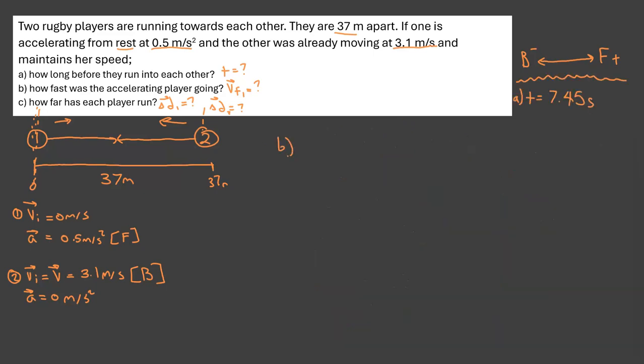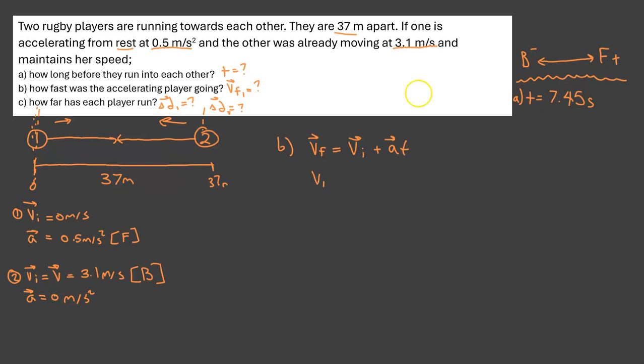For part B, I want to find how fast player 1 was going just before they collided, so that'll be my final velocity. I can use my big 5 equation, final velocity equals initial velocity plus acceleration times time.